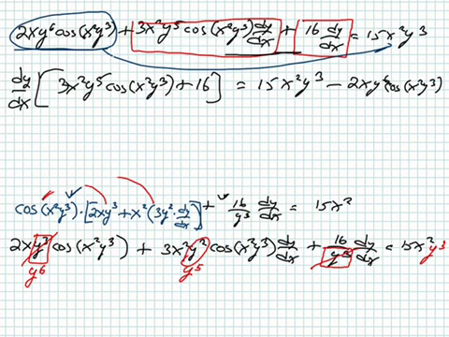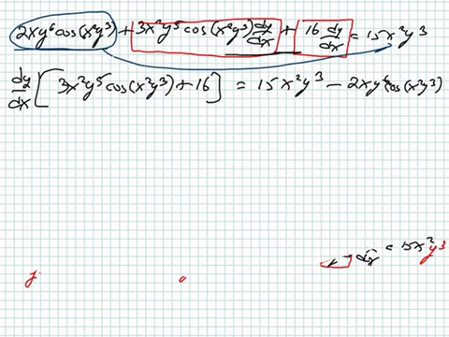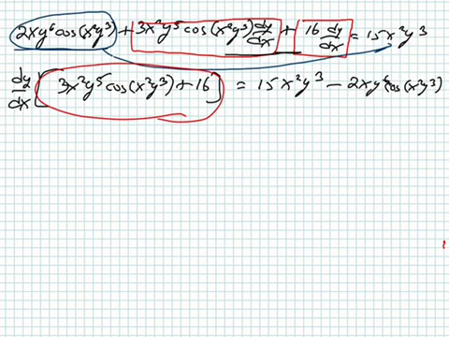All right. Last but not least, I need to solve for dy dx. So I'm going to divide both sides by this term that's touching dy dx. And again, there's a lot of algebra here, so you have to be really careful with your bookkeeping.